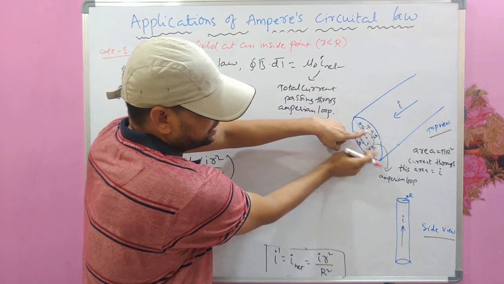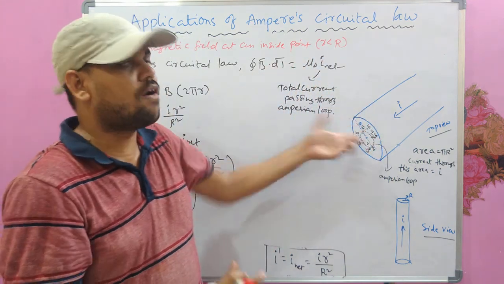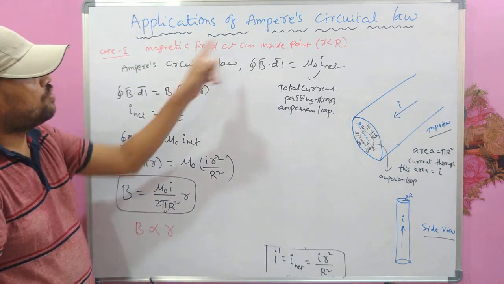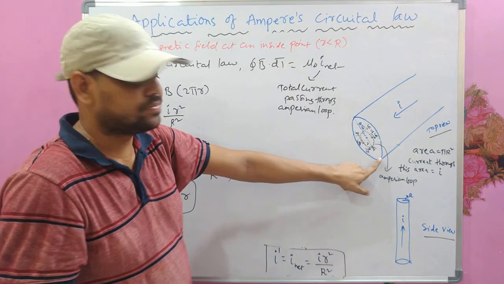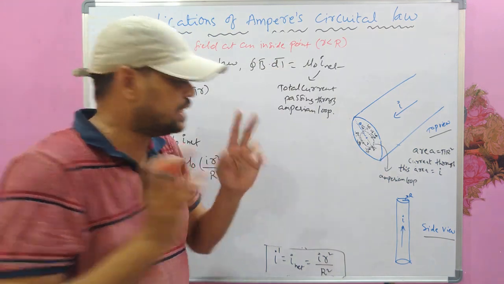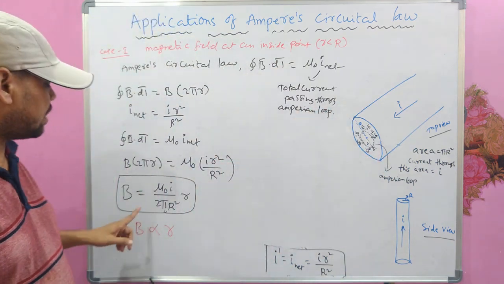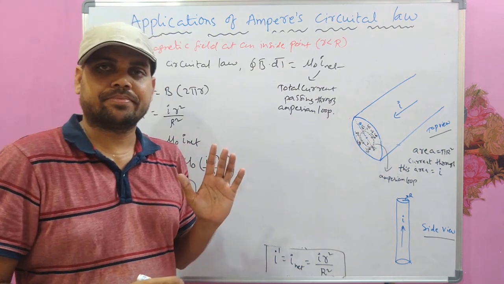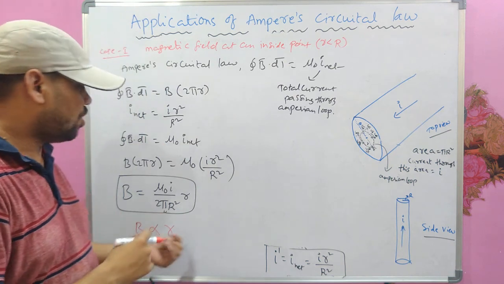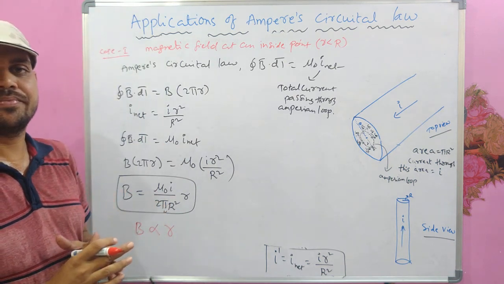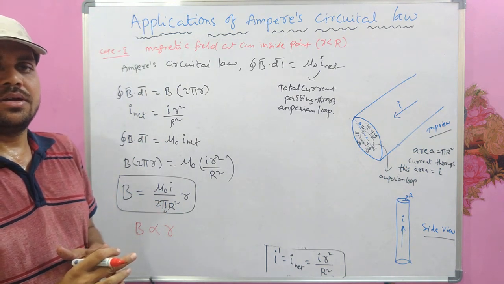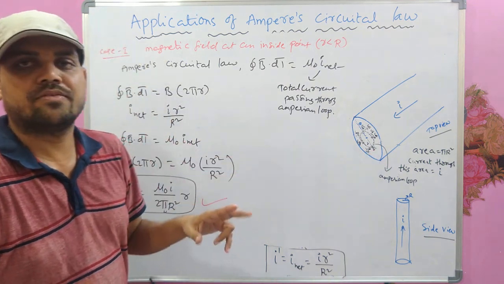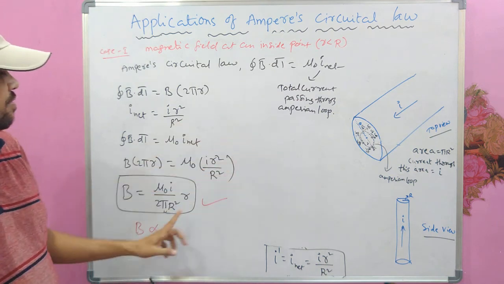As r increases, B increases within the wire, because this formula is valid for an inside point. As long as P is inside this wire, this formula is valid. And this is the magnetic field at point P, which is inside this cylindrical wire.